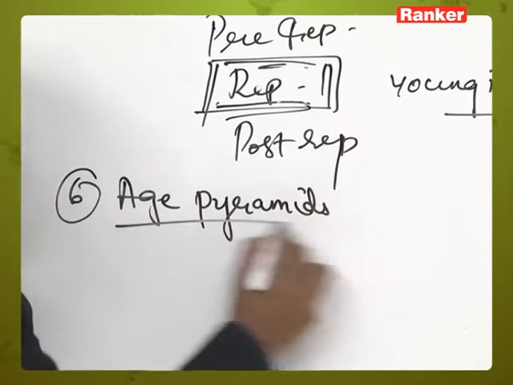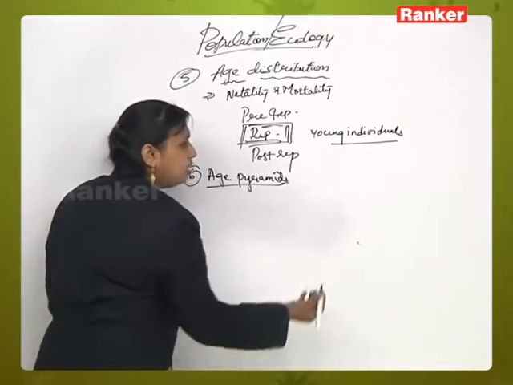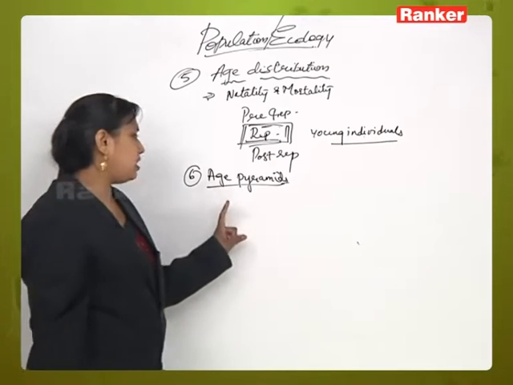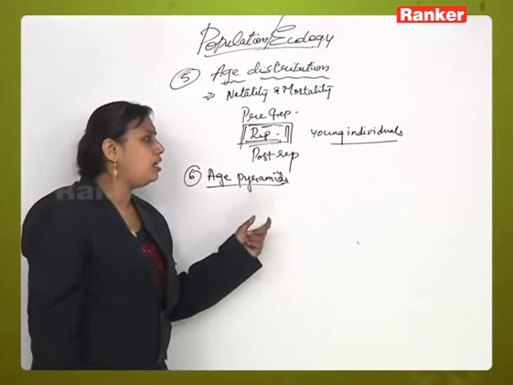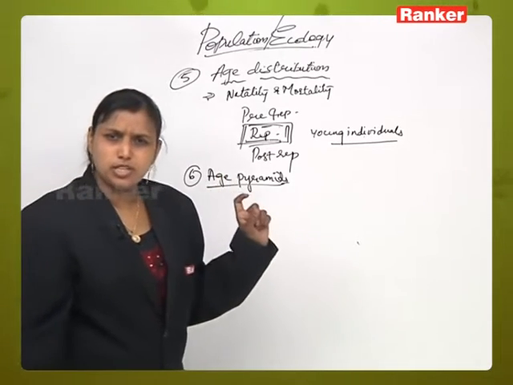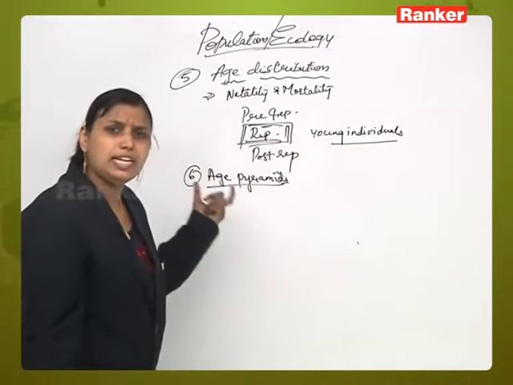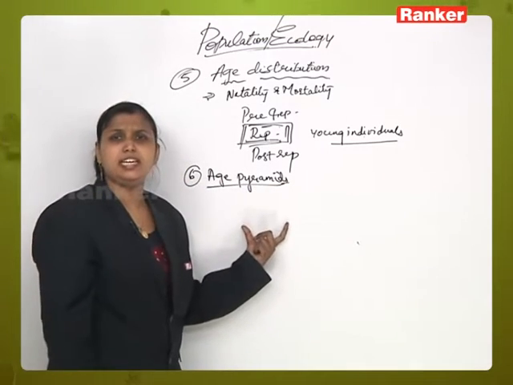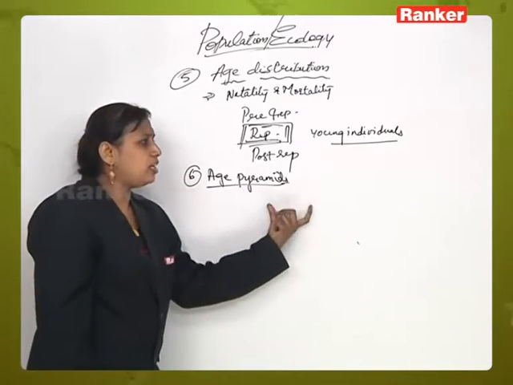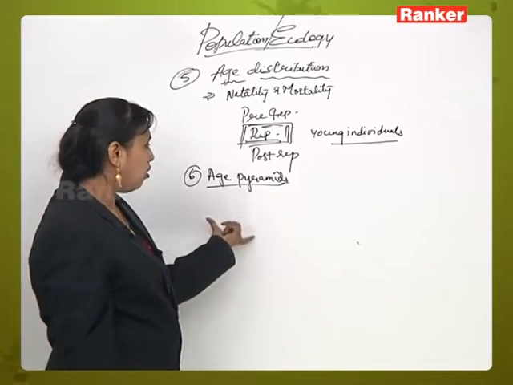Now, what is an age pyramid? Pyramid is nothing but the geometrical representation of the proportion of different age groups which are present in a particular population. So, different age groups in the population of an organism.